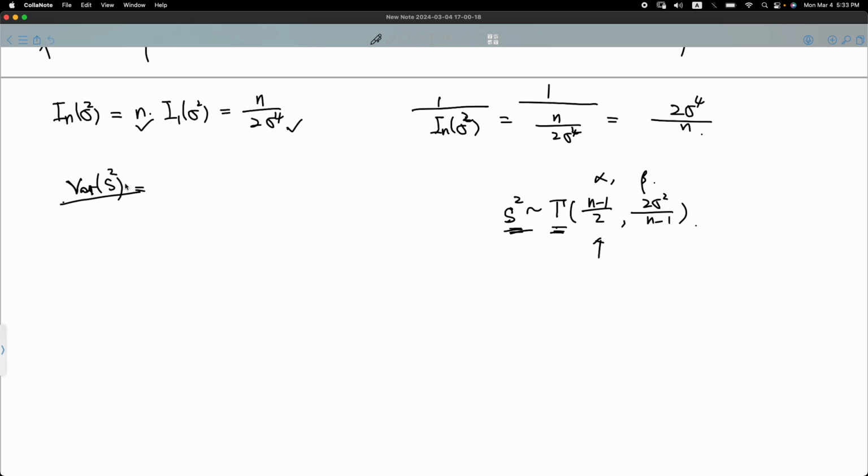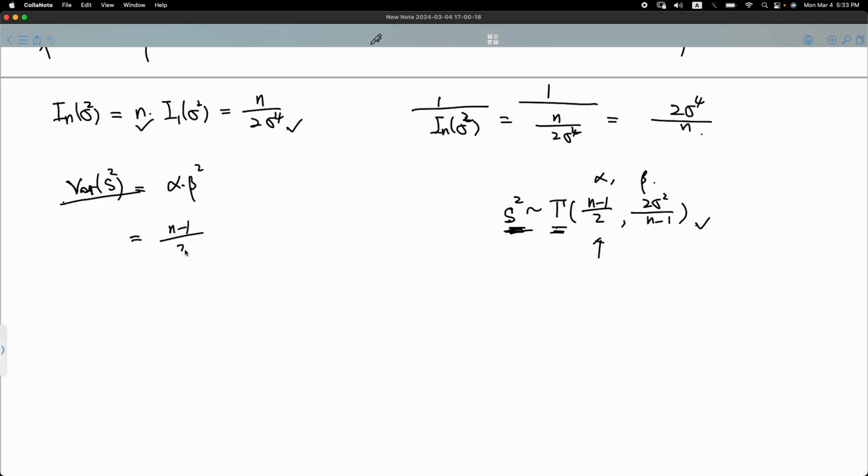So what is the variance for a gamma random variable? Alpha beta squared. Yep. So just alpha beta squared, and then we can just plug in. But if this is not given, then you would just need to derive it from the chi-square or moment generating function to show that it's going to be a gamma. But here I'm just assuming this is given, and we know this is alpha beta squared, and then we can just plug in here. Okay.